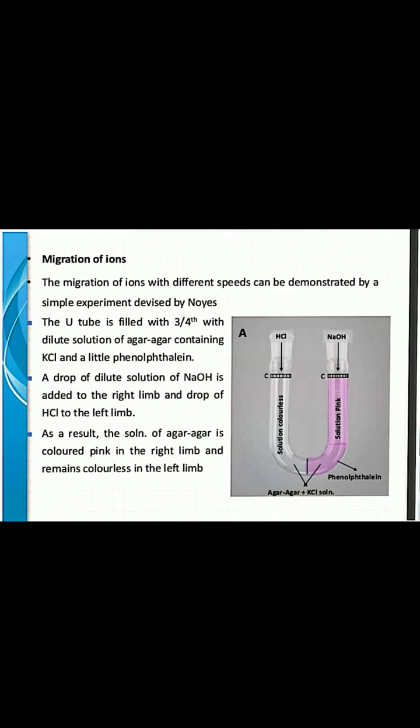As a result, the agar-agar solution is colored pink in the right limb and remains colorless in the left limb. Why? Because phenolphthalein gives pink color in basic medium with NaOH, and in acidic medium it remains colorless.